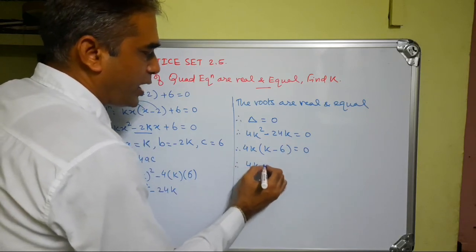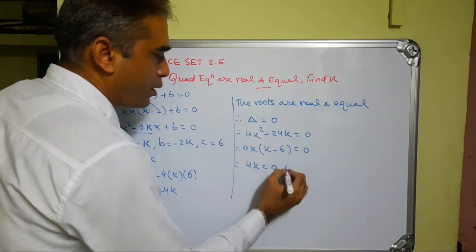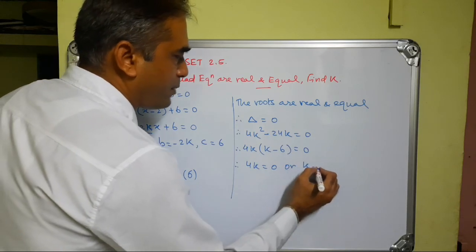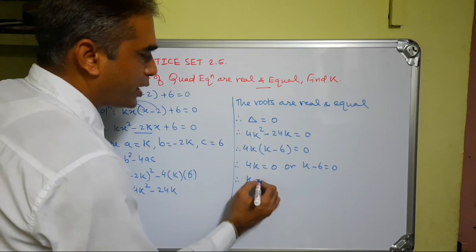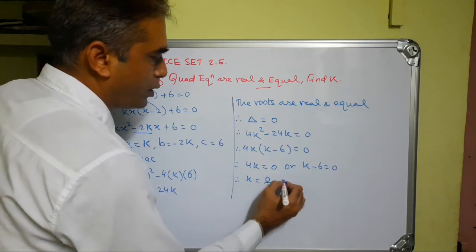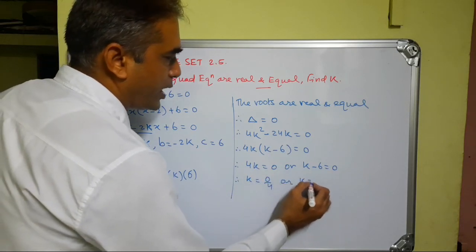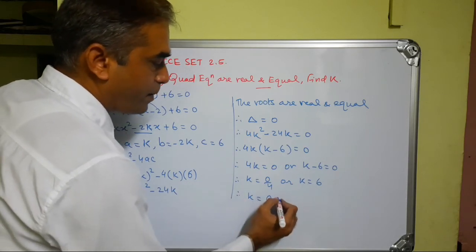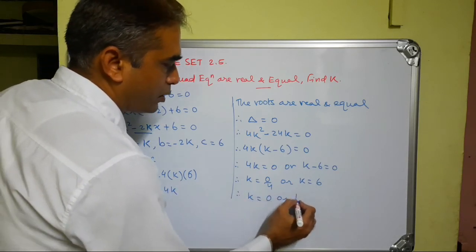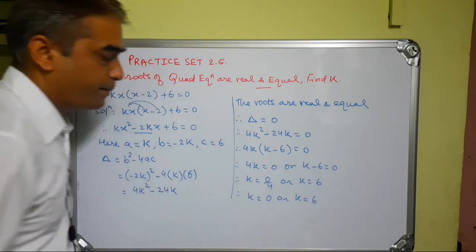Therefore 4k equals to 0 or k minus 6 equals to 0. Therefore k equals to 0 or k equals to 6.